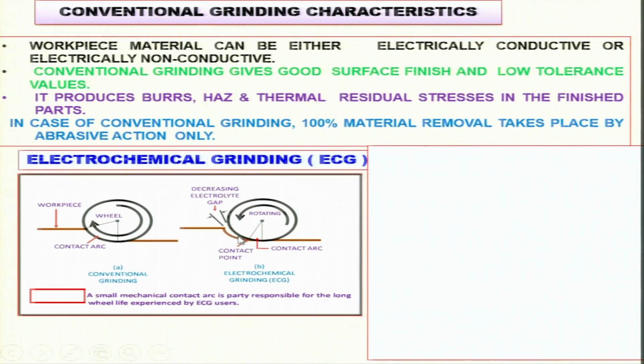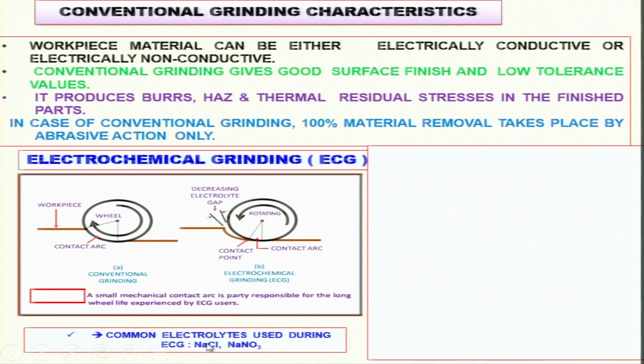So it is continuously decreasing, and the grinding wheel is rotating, and this is the contact arc, and this is the contact point. This is known as electrochemical grinding. Here electrolyte is being used, and both grinding as well as electrochemical machining are taking place.